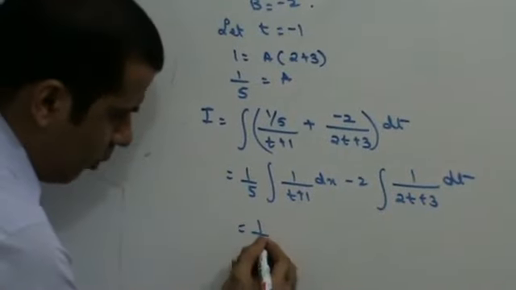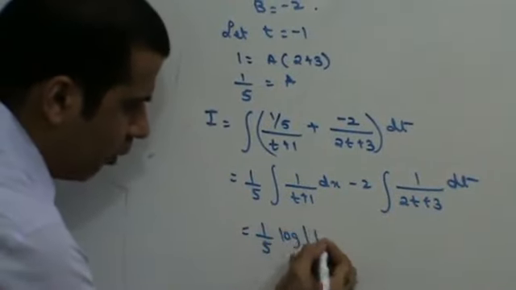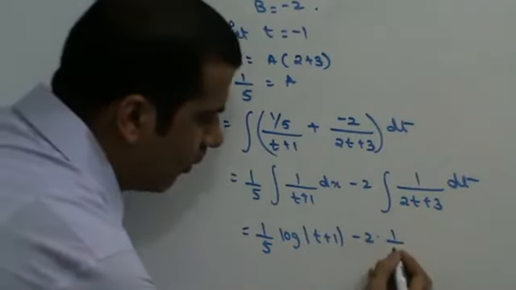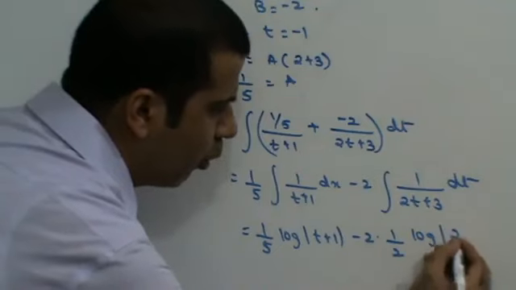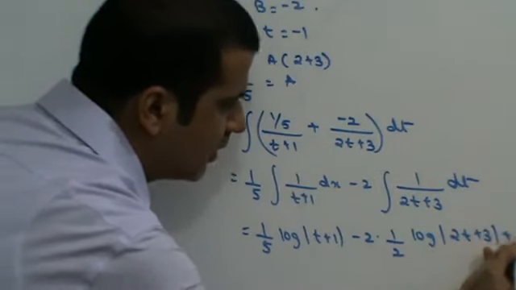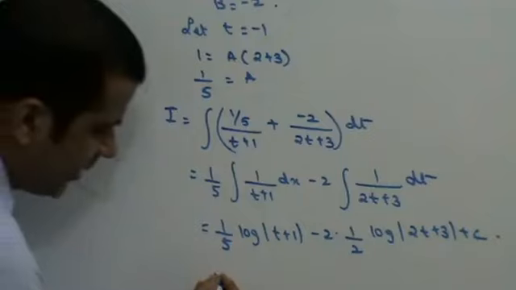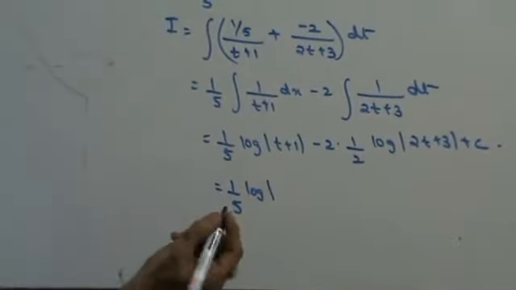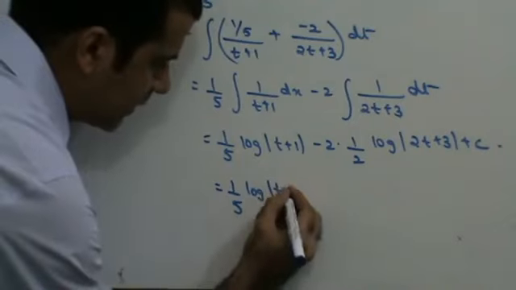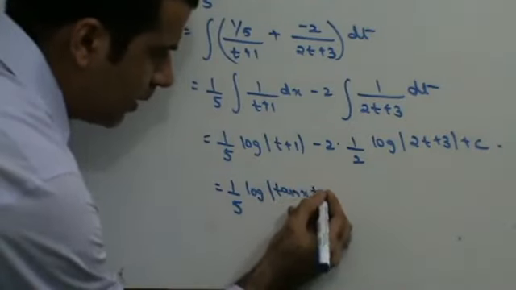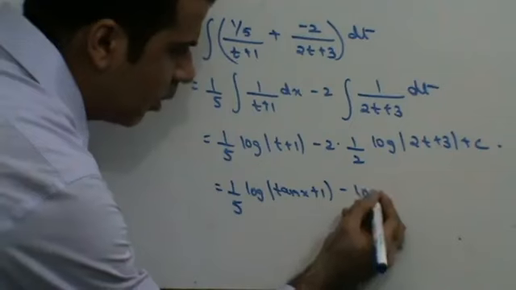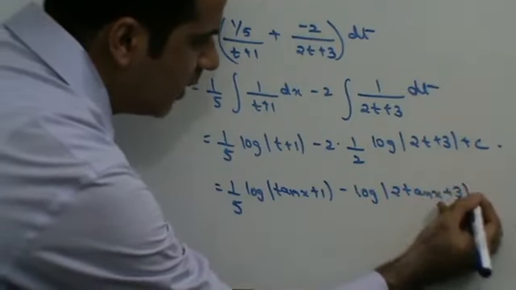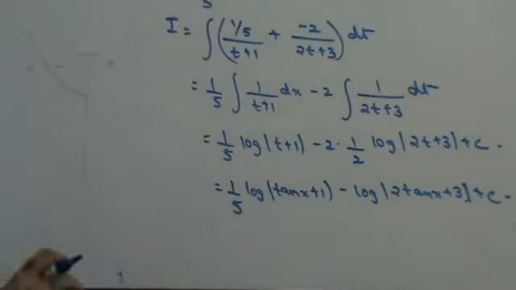This is 1 upon 5 log mod t plus 1 minus 2 into 1 upon 2 log mod 2t plus 3 plus c. Resubstitute the value of t: 1 upon 5 log mod tan x plus 1 minus log mod 2 tan x plus 3 plus c.